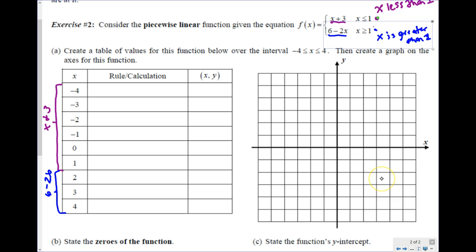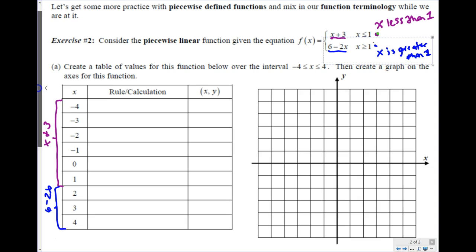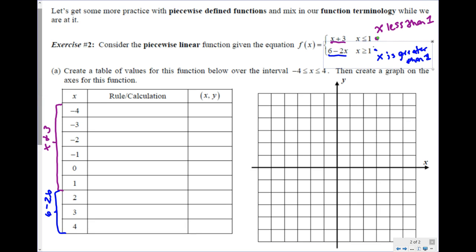And like I did in the lesson before, I'm going to make my table of values by plugging something in. So this is x plus 3. And my other one is 6 minus 2 times x.